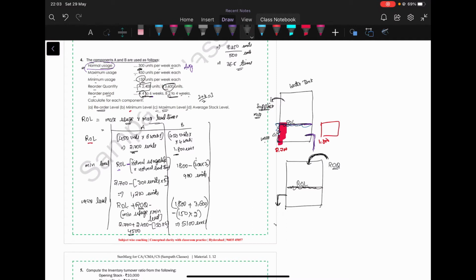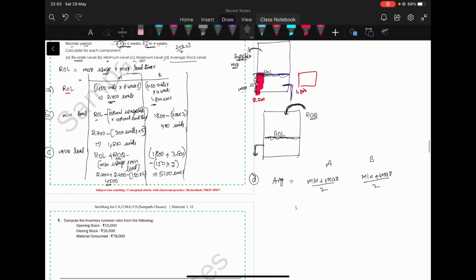Then next, what is the question here? Average stock I will write here. This is A, this is B, this is C, D1 I will write here. Average stock for A and for B is minimum level plus maximum level divided by 2. This is one formula.